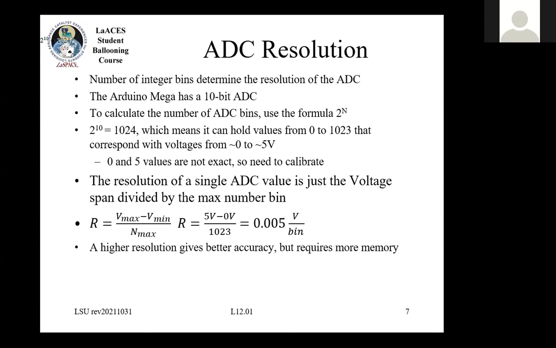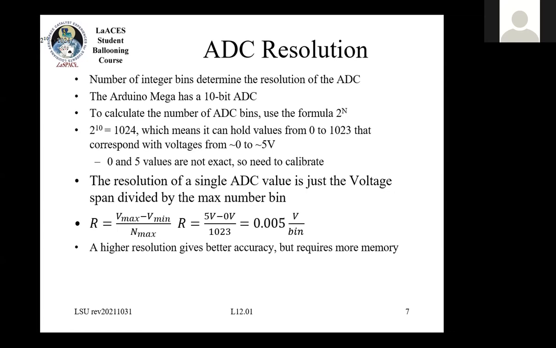And that is what we call the ADC resolution, right? It's how well you can resolve an individual voltage based on what the ADC value was. So obviously, if I take the same voltage span, so ADCs will be from a particular minimum voltage to a maximum voltage.